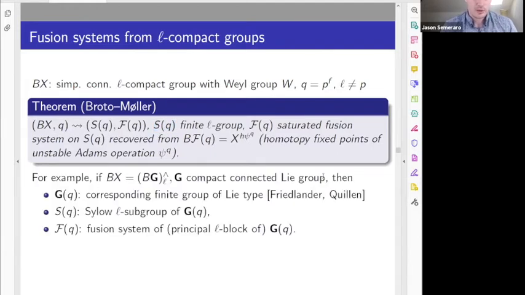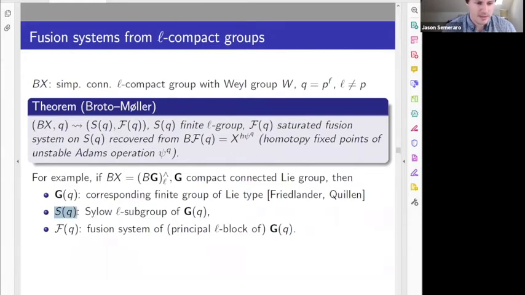And of course, what one would expect is, if one started with an actual compact connected Lie group and produced the associated L-compact group, one should obtain the corresponding finite groups. I should probably have put these two first. One obtains the information one would expect if there were an actual group around.